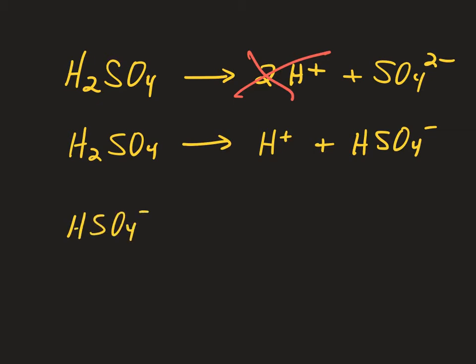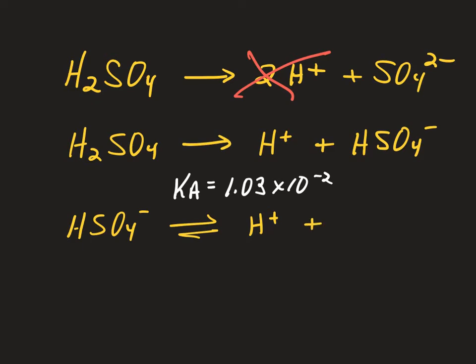If we look, the hydrogen sulfate ion has a Ka of 1.03 times 10 to the minus 2. So if it has a Ka, that means when it dissociates, it's not going to dissociate completely. It's going to dissociate to create an equilibrium.